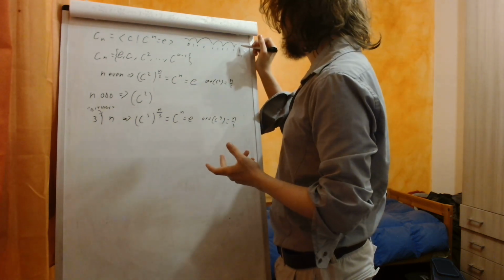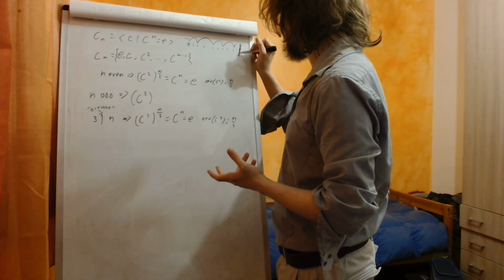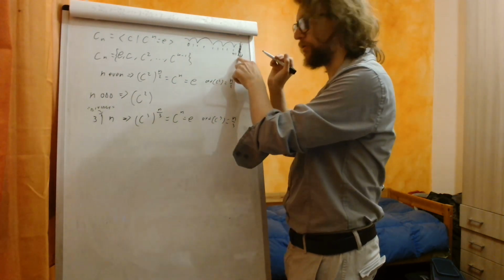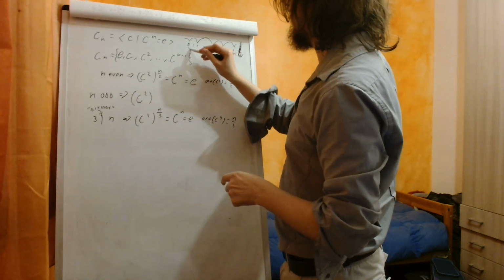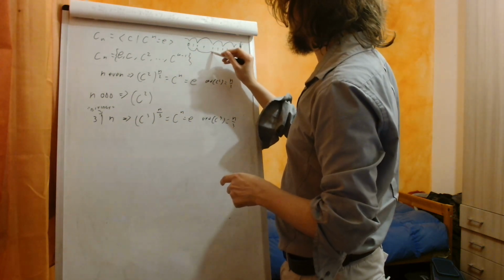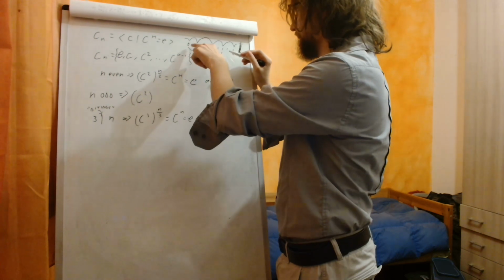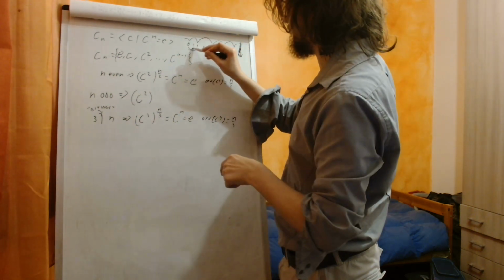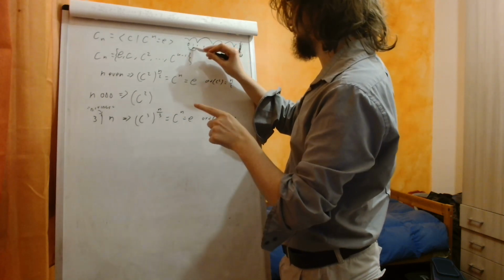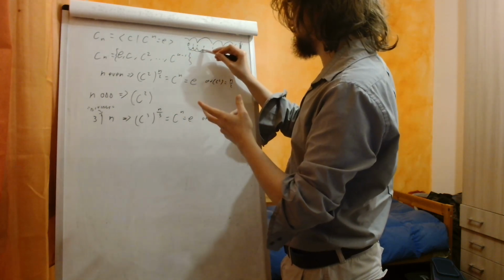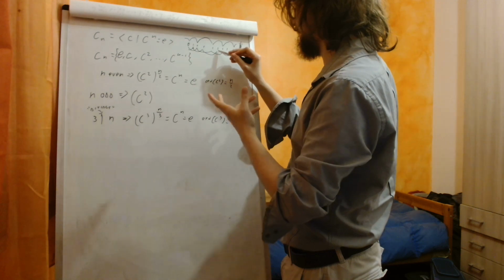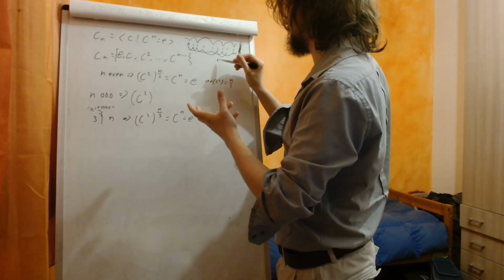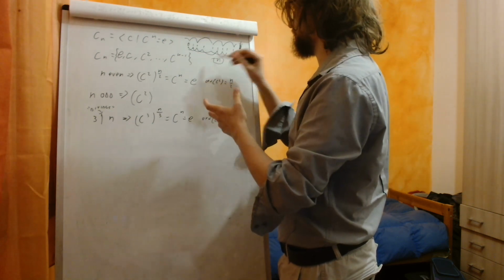But if n is odd, then this is n minus 1, and by applying C squared you don't arrive at 0, but you arrive here, and from here you arrive here. So you missed the 0, and you have to do the cycle another time to arrive at 0. So you have to do n steps in total.